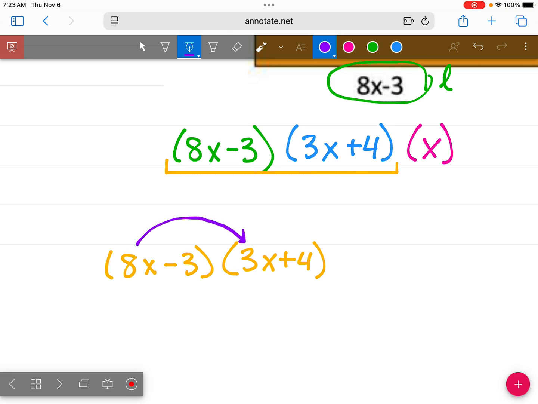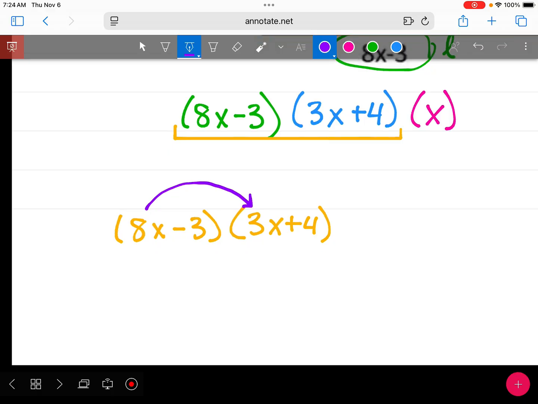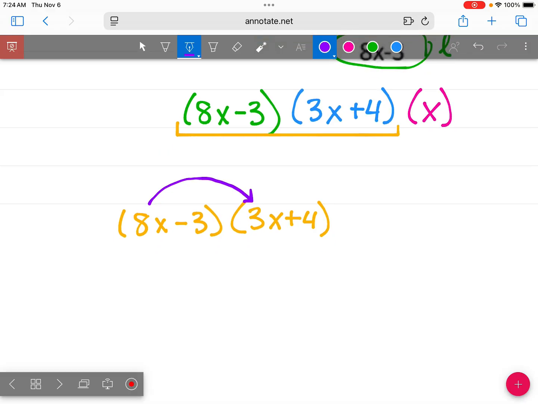So we're going to have 8x times 3x. What is 8x times 3x? 24x squared. We also need to take our 8x times 4. We've got 32x. So that's my front term, that 8x times both pieces in the second. Now I'm going to do the same exact thing with my minus 3.